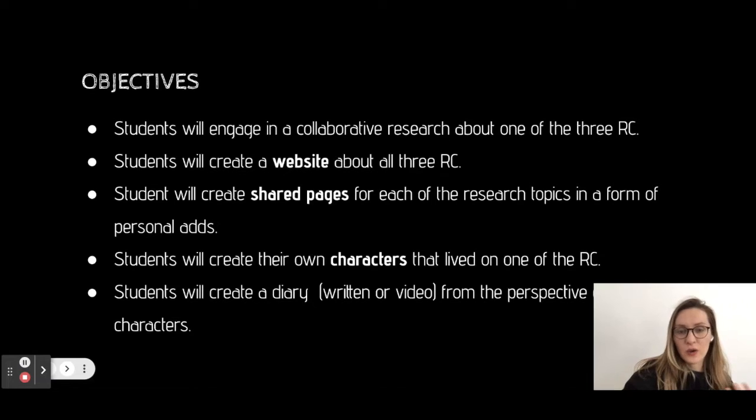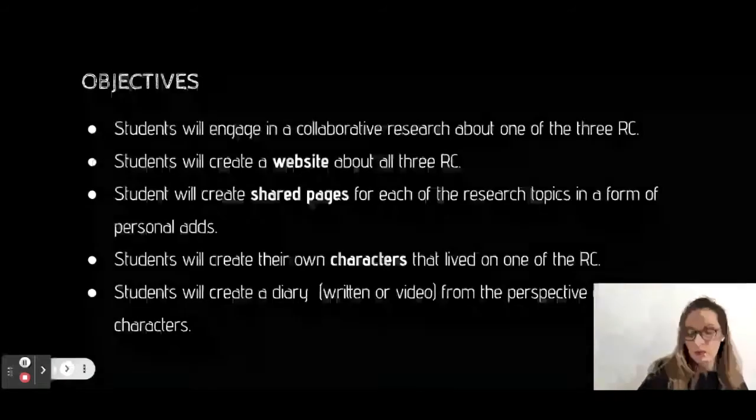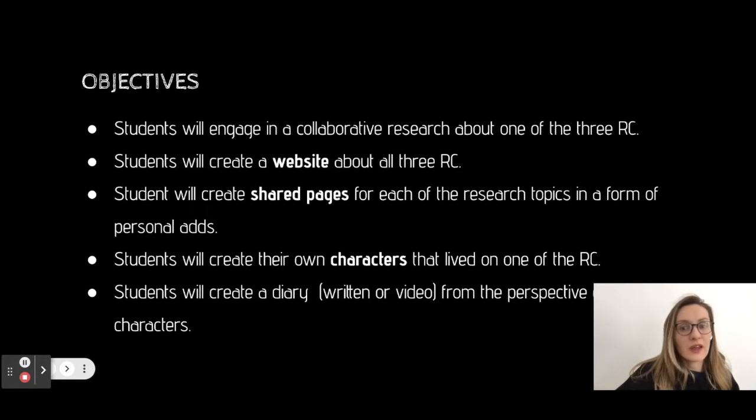Here is how it would go. First, students would together research one of the three river civilizations, and once that's done, they will create together a website. Each page in the website would be dedicated to one of the three river civilizations. So each group would take care of one page first.